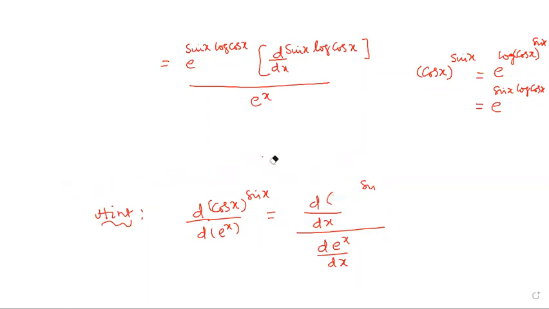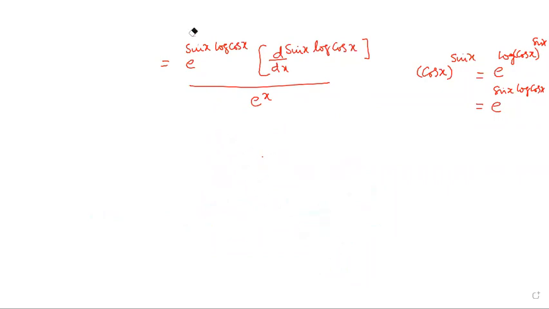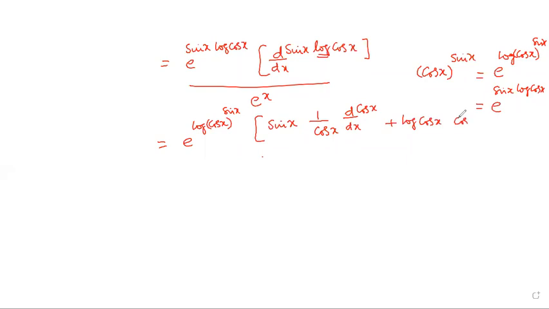This is e power of log of cos x power of sin x. Using the u into v formula, sin x is kept silent and the log standard formula gives 1 by cos x, and since it is not a single function, by the chain rule its derivative is required. Plus log cos x is kept silent, and the derivative of sin x is cos x.